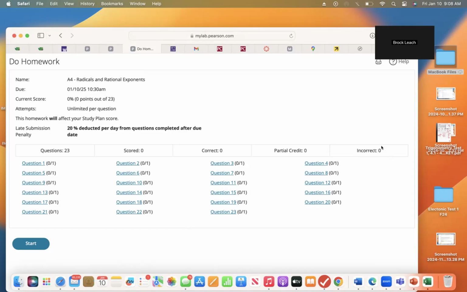It only takes the first person. I know that sometimes the mental games we play with ourselves is we think, I'm the only one who had trouble with this problem, so I'm just going to wait and figure it out on my own, or I'm going to talk to the teacher after class.